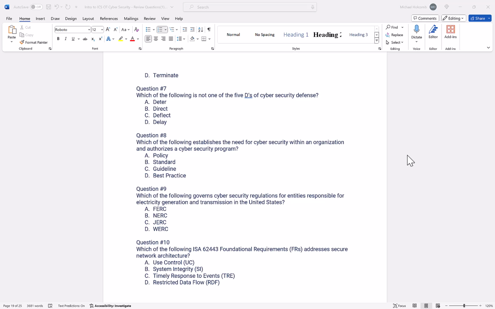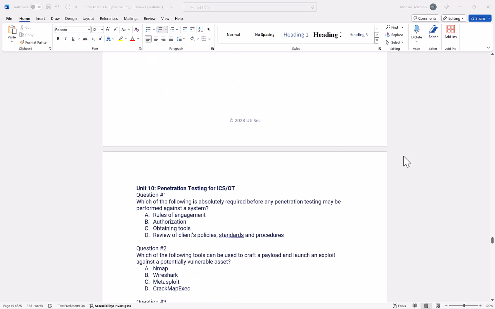Because if we allow communication between those assets and they don't need to communicate, then if an attacker gets on one of those assets, they can reach out to those other assets, see if there's vulnerabilities, compromise those other assets and use them to gain more and more access and eventually take control over the environment. So restricted data flow, D for question 10. All right, I have to go back and brush up on 62443.